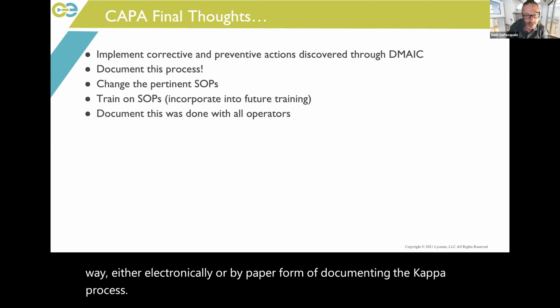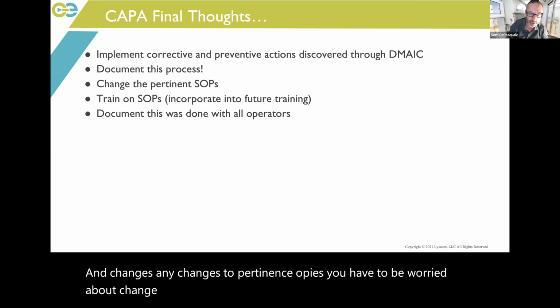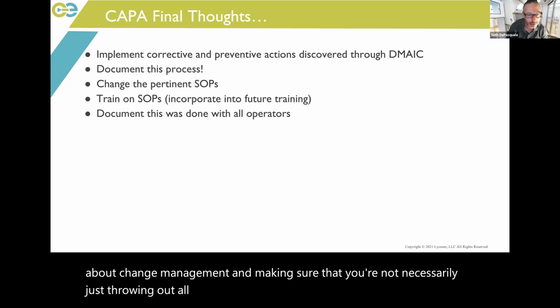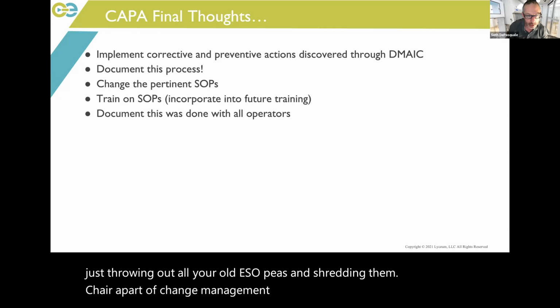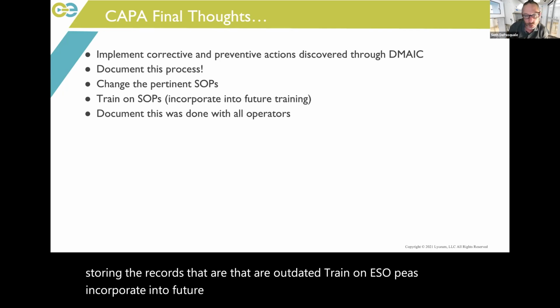And for any changes to pertinent SOPs, you have to be worried about change management and making sure that you're not necessarily just throwing out all your old SOPs and shredding them. A part of change management is putting the changes in place and storing the records that are outdated. Train on SOPs, incorporate into future training, and then document that this was all done with all the operators.